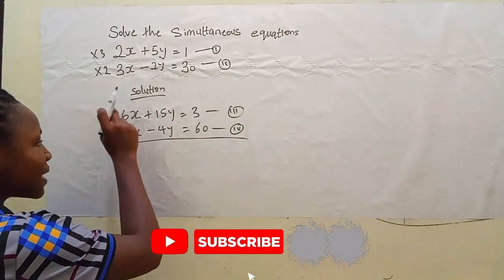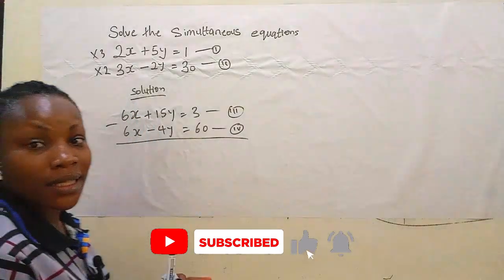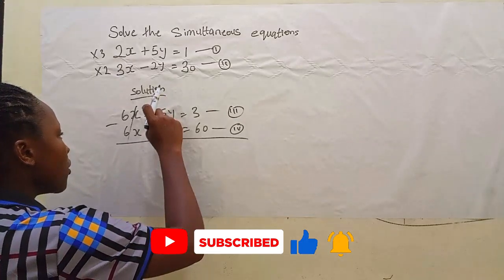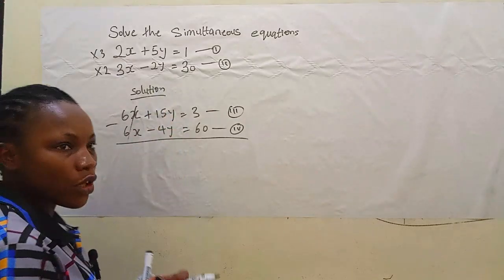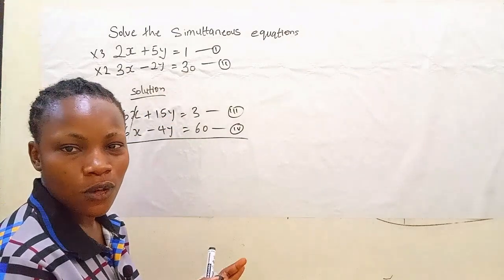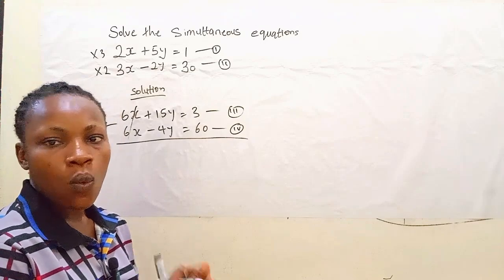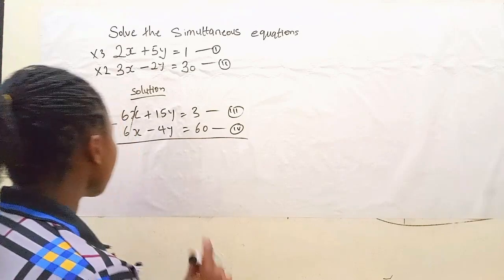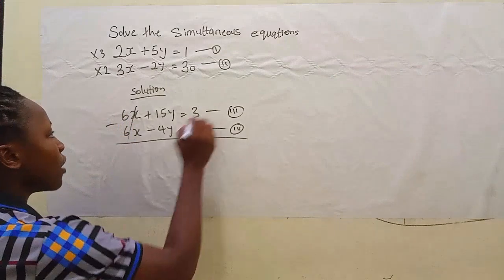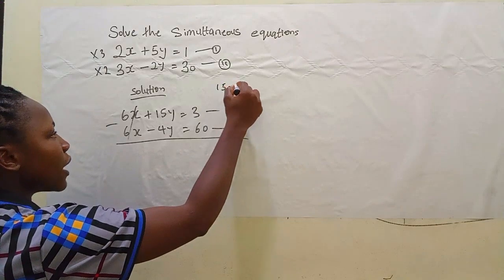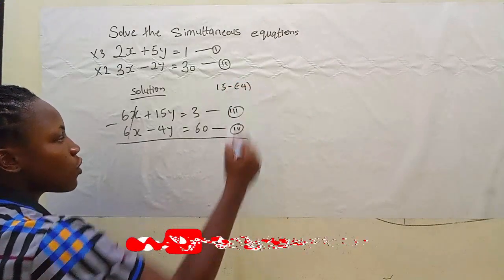This 6x minus 6x is 0. So this one is gone. 15 minus 4 is going to give us 19y. Reason, look at what we have in here. We have 15 minus 4.